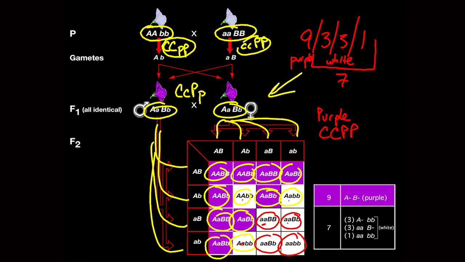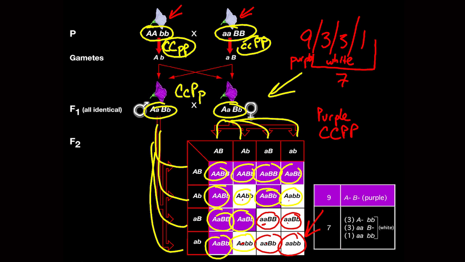But realize you can see it right here. There are two different ways that you could get a white pure breeding line. And I should add, there are three different ways, because this down here would be pure breeding as well if it's doubly recessive at both loci. So these are the things that you have to keep in mind, and that can unfortunately trip you up possibly when you go to solve problems that are presented to you.